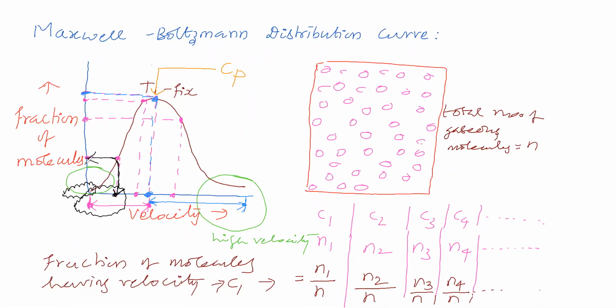At T2, will this fraction of molecules have the same velocity, or will it move to the right side? When you increase the temperature, will this fraction of molecules have this velocity, or move to the right or to the left? What do you think?